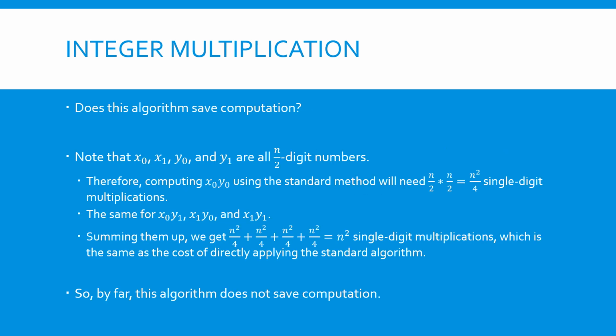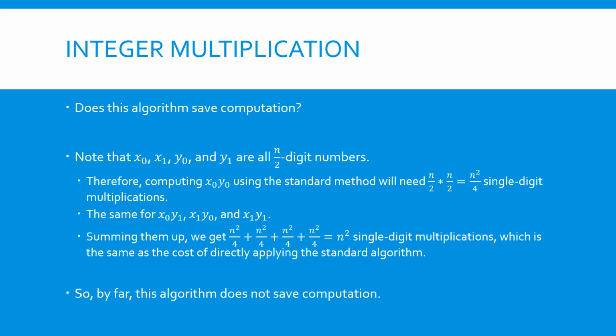To determine if the divide and conquer algorithm can improve time complexity, we can check whether it saves computation compared to the direct solution. In a direct solution, we perform n times n or n squared single-digit multiplications. With divide and conquer, x0, x1, y0, and y1 each contains n over 2 digits.